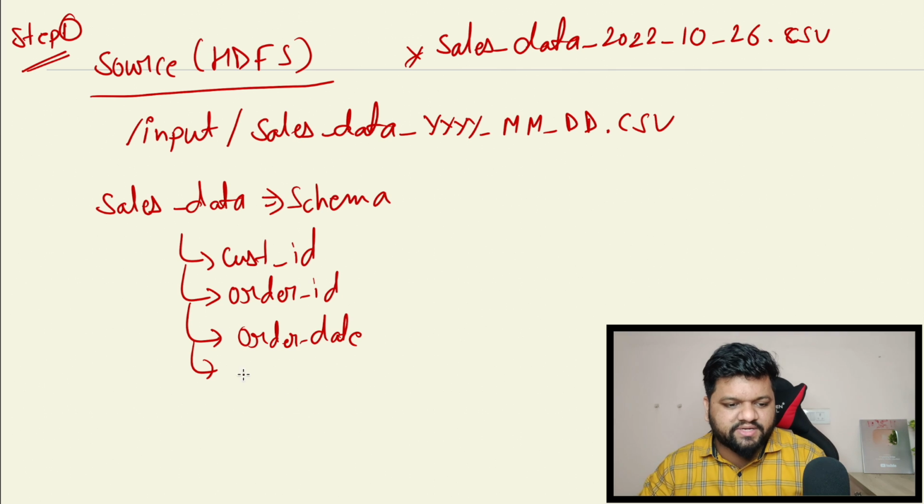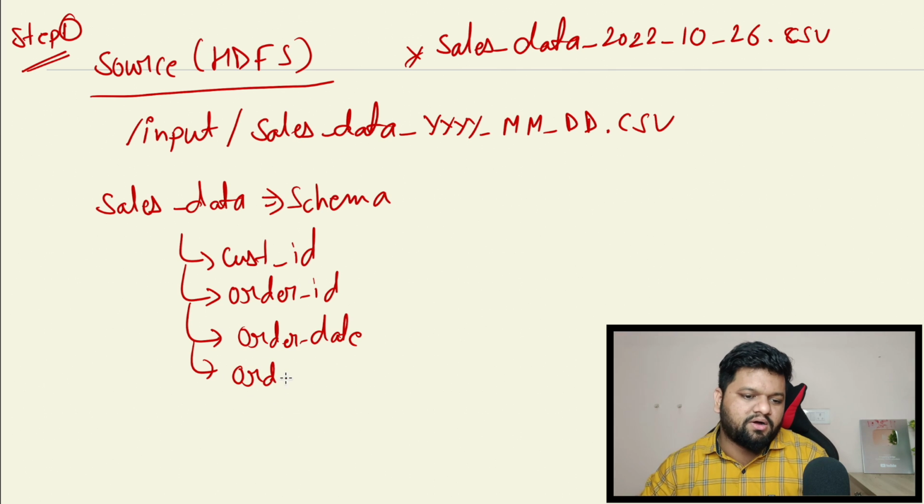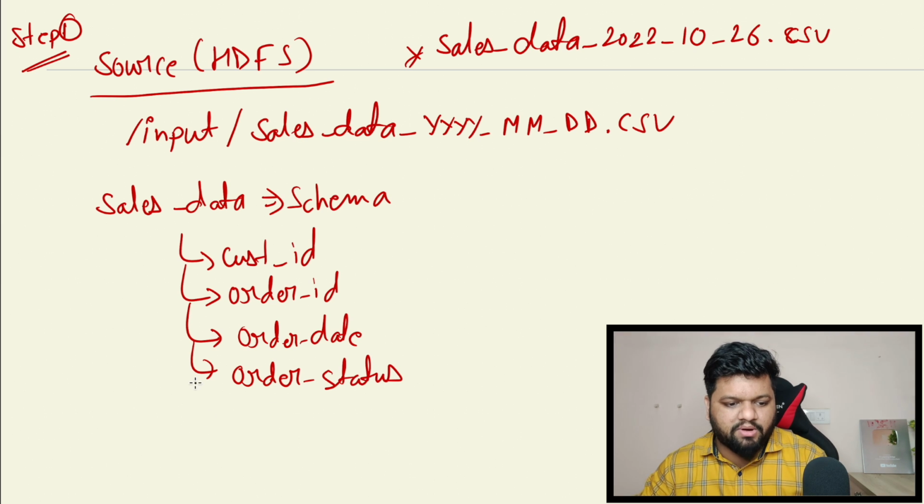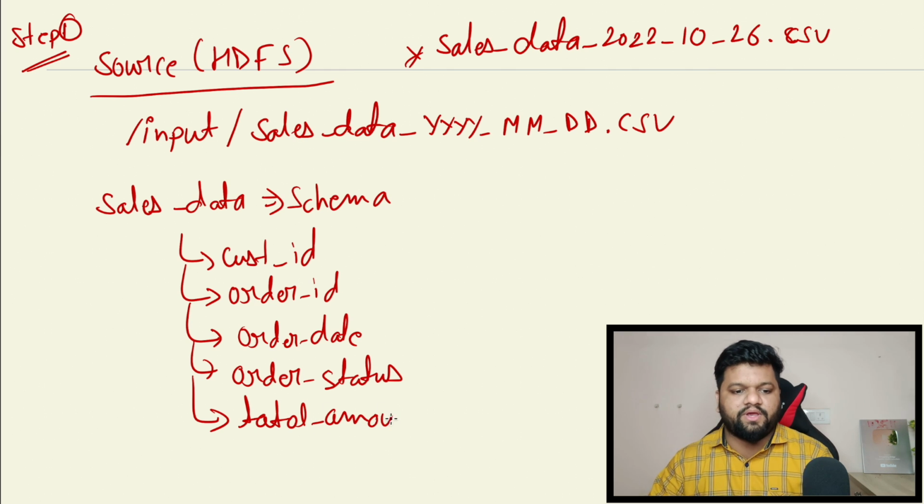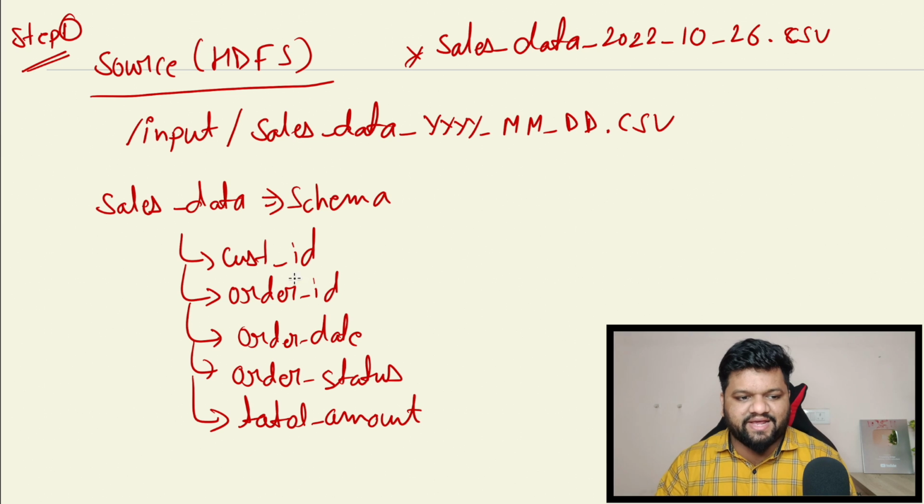Then order status, it can be cancelled, delivered, returned, and the total amount for that particular order. So this will be the sales data schema.